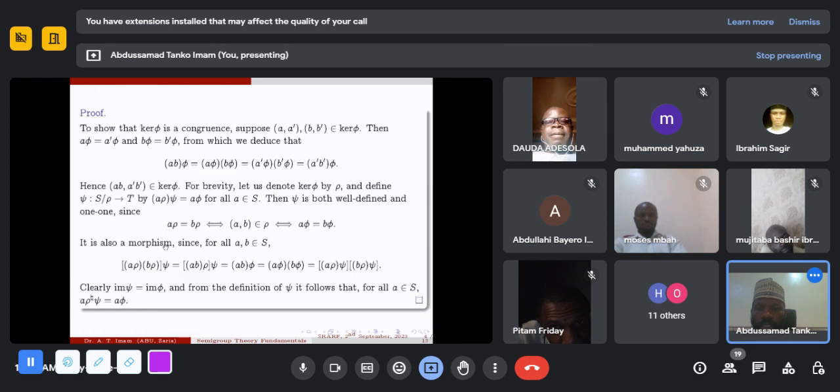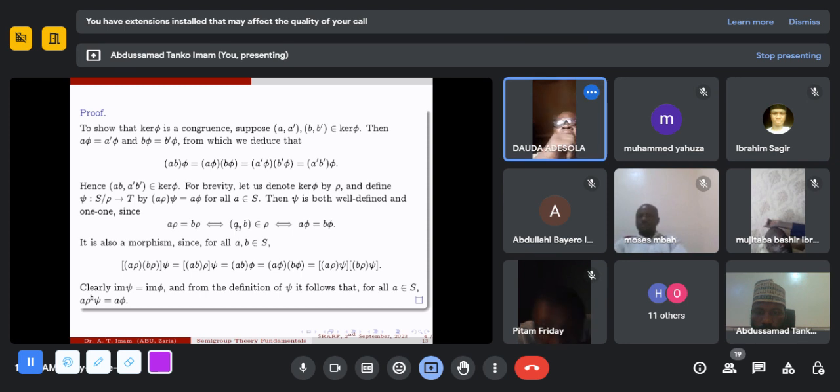And once you do that, you can easily check that this psi as defined in this way is both well defined and 1-1. So if you go like this, you have well-definedness, and if you come back, you have the 1-1ness. So this shows that the mapping is well defined and it is 1 to 1.